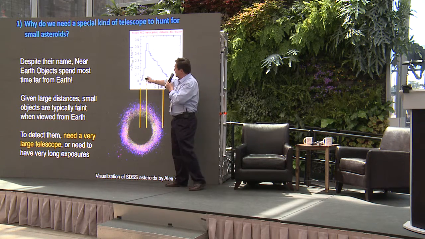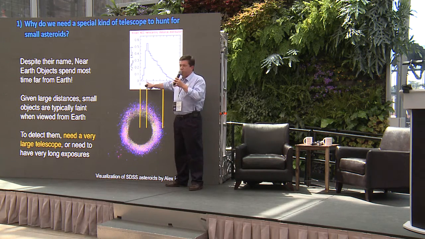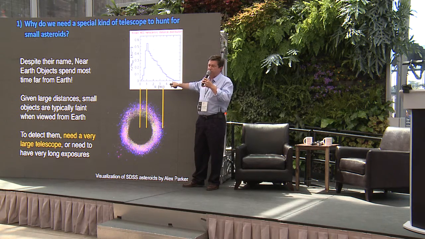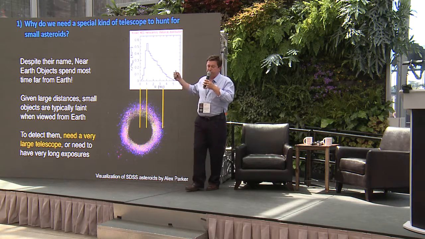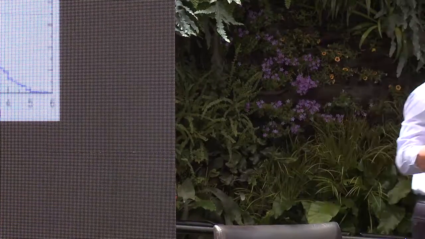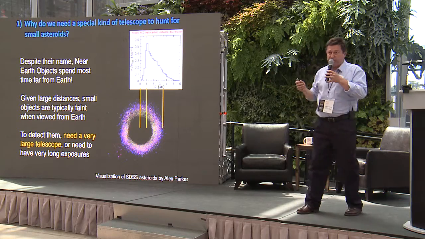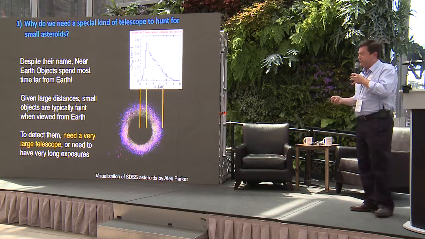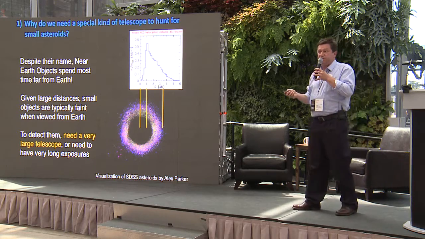And as you would expect, there is a peak at one distance Sun-Earth, because they are near-Earth objects. But there is this long tail of objects all the way out to the orbit of Mars and beyond it. So the main point to take from this diagram is that lots of objects spend lots of time very far away from Earth, and that's why it's hard to find them. To see them on the sky as very, very faint objects, you need to have a large telescope. That's conclusion number one.